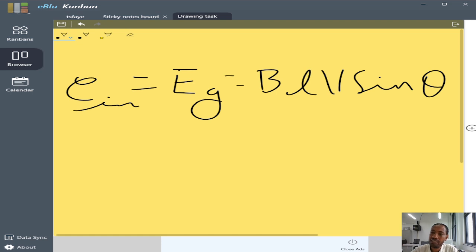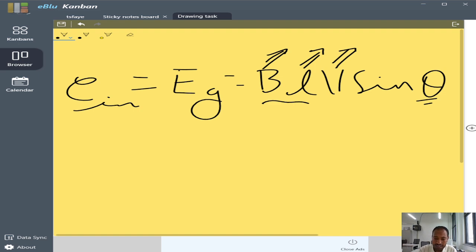B is the flux density, L is the length of the conductor, V is the velocity at which the conductor is moving, and this angle theta is the angle between the conductor and the magnetic flux. So the magnitude of induced voltage is going to depend on these four parameters.